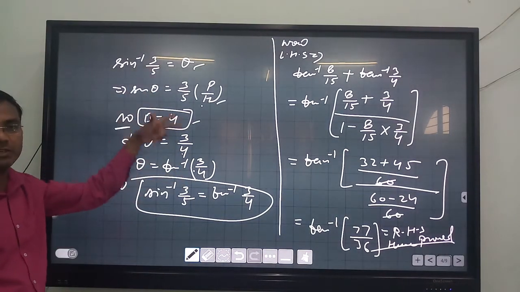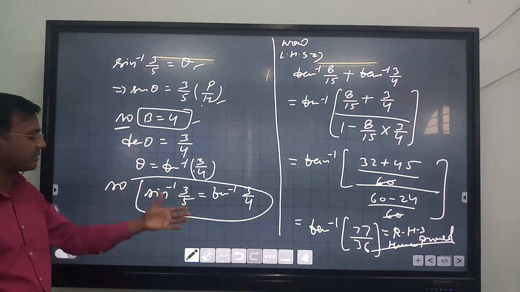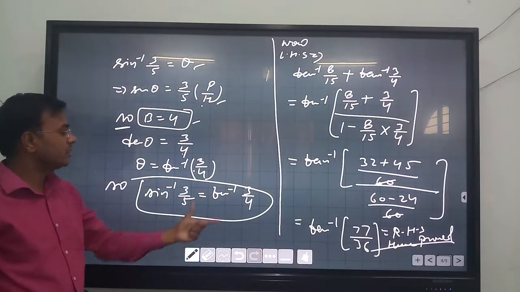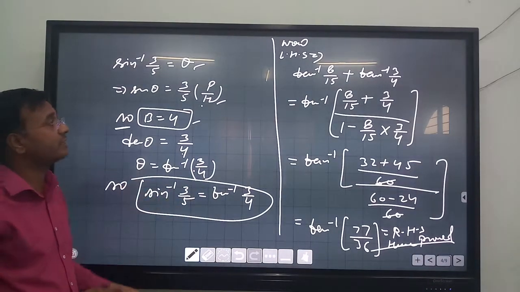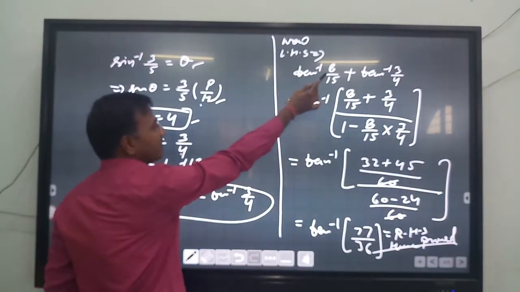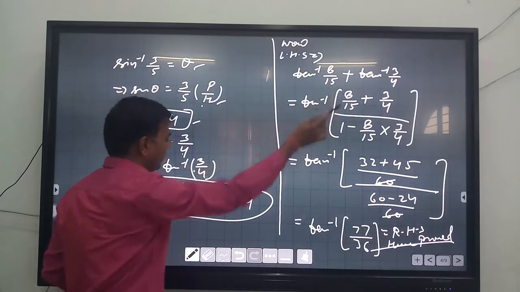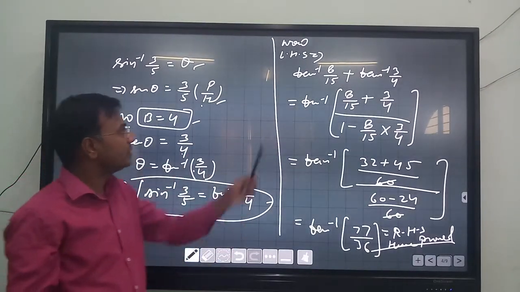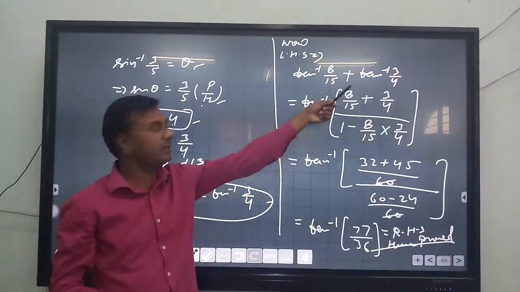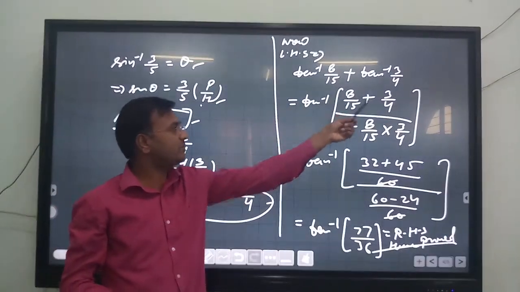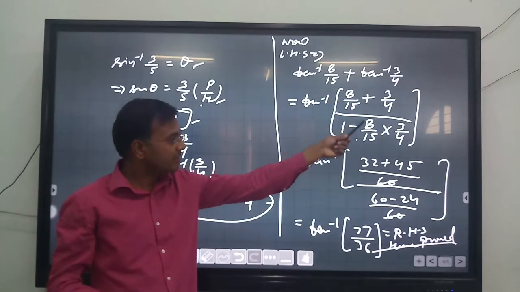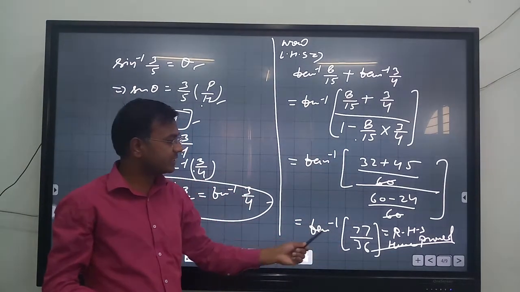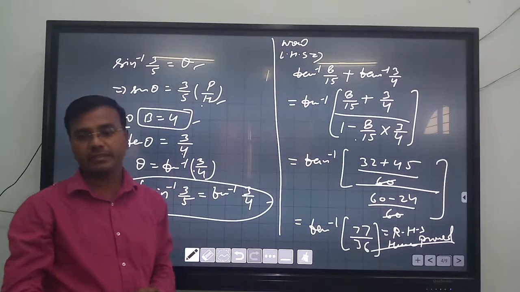Combining these equations as we did in the previous part, sin inverse 3/5 equals tan inverse 3/4. Now both sin inverse terms are converted, so LHS becomes tan inverse 8/15 plus tan inverse 3/4. Using tan inverse x plus tan inverse y equals tan inverse of (x plus y) upon (1 minus xy), simplifying with LCM and all, you get 77/36.